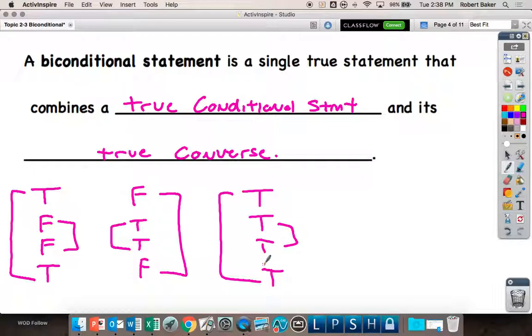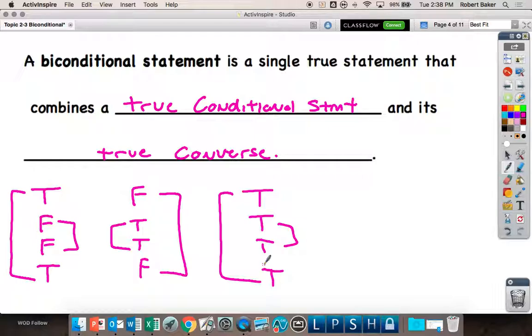So there is a way for them to all be true. And when they're all true, we get this thing called a biconditional statement. You can read it forwards and backwards. So this is hard. This is how you get that 10 extra points on your project, by making them all true. The only way to make all of these true is by using a definition.